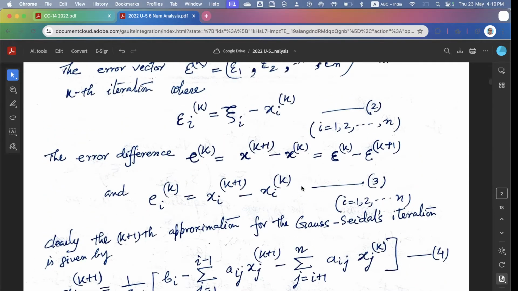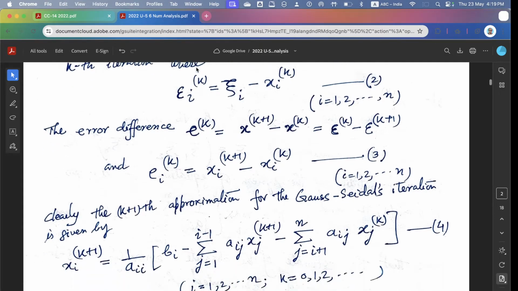So ek is the error difference between two iteration values, but epsilon is the error difference between the exact value and the value of x at the k iteration, where xi is the exact value. So ek is the error difference at the k iteration, and epsilon is the error at the k iteration.